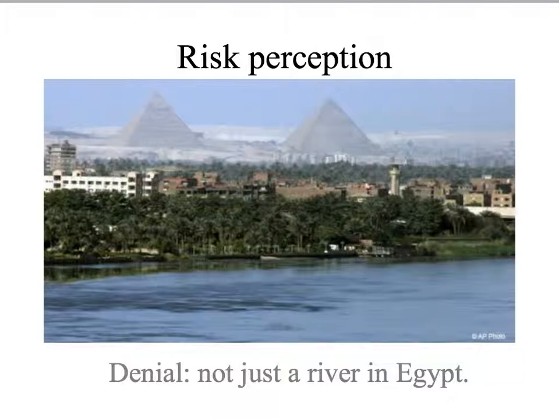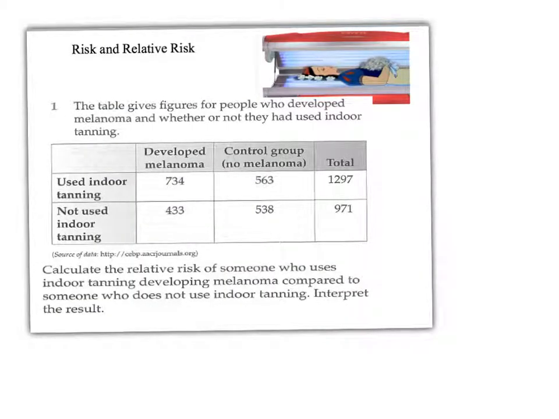Okay, risk perception, denial, not just a river in Egypt. We sometimes don't understand completely what the risks are or aren't. So just an example here, I will attach a paper that has a lot of exam questions on it about risks so that you can be practicing them, but let's just look at one example here.